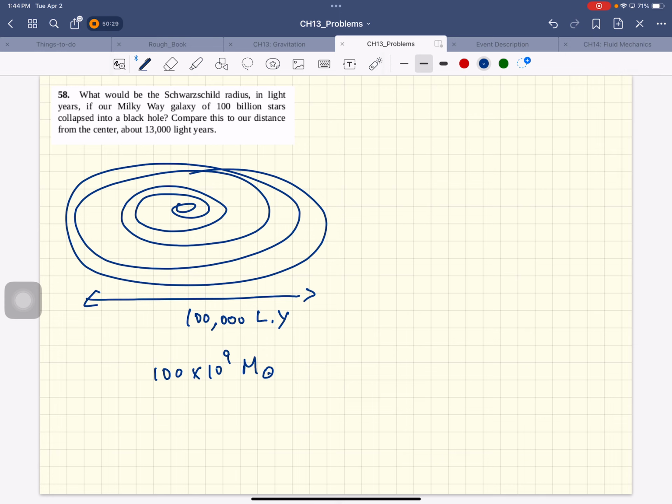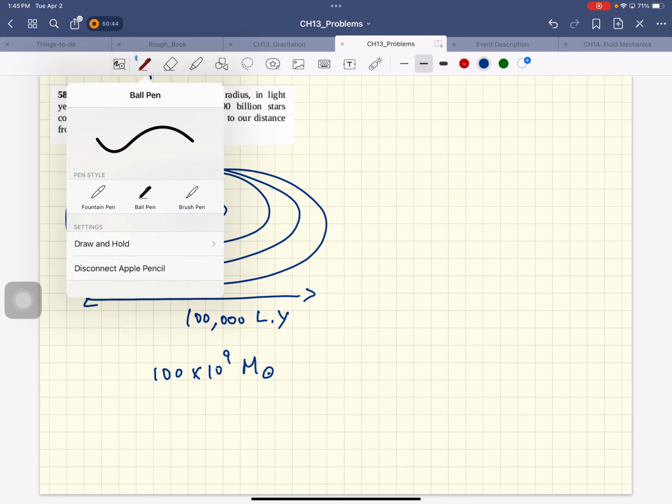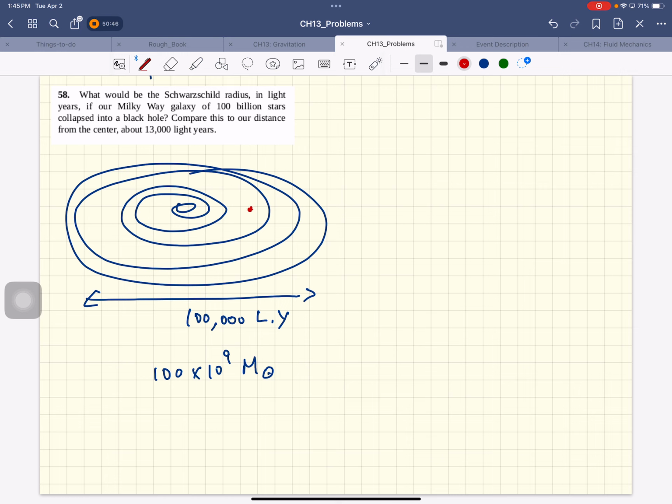Compare this to our distance from the center, which is about 13,000. So what this is saying is our sun is somewhere here. That's 13,000 light years. But we are going to take all these stars and collapse it into a black hole.